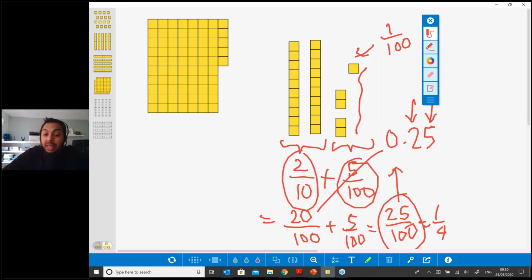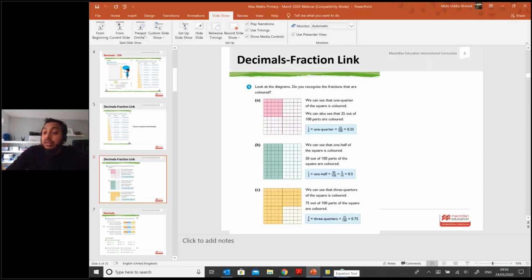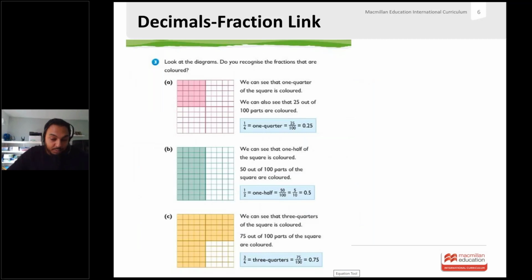And therefore, in a similar vein, we would go through the other examples. I'm not going to go through all three of them because it would take a long time. But you can envisage how we can go through this key concept that a quarter equals 0.25. What have we done there?